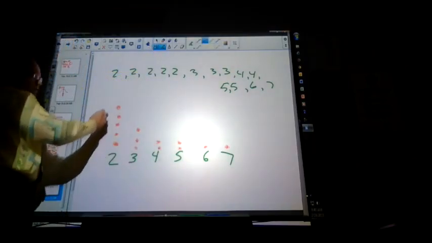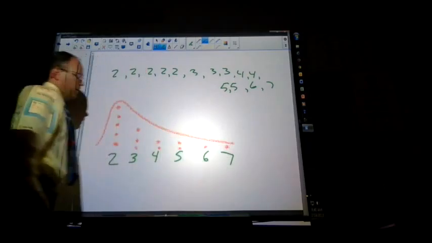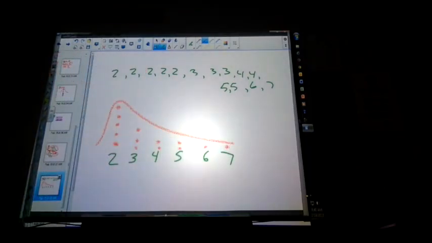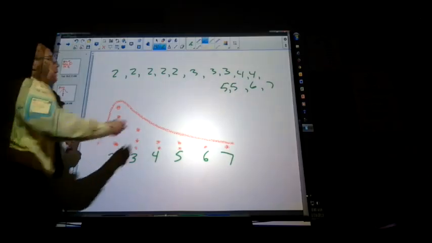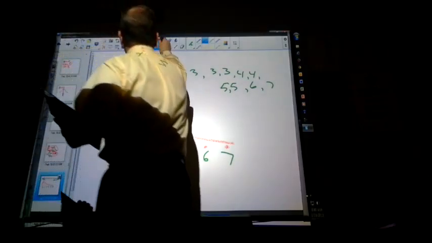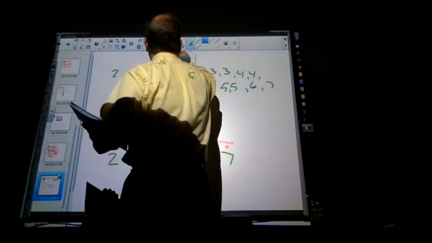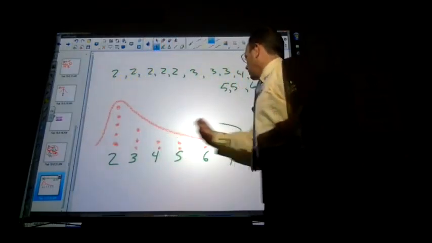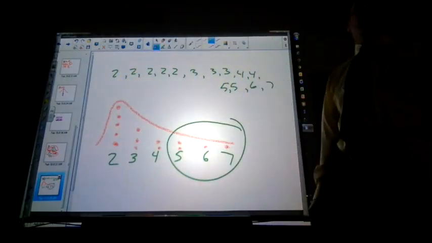Let's do this. Skew right, skew left, symmetric. Skew right. So, out here is pulling it to the right.